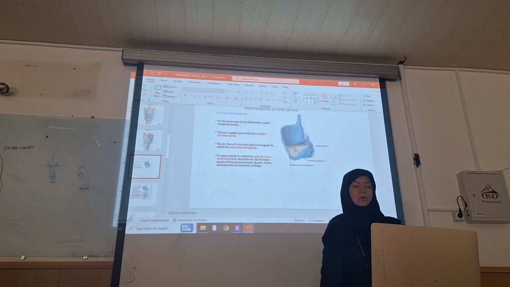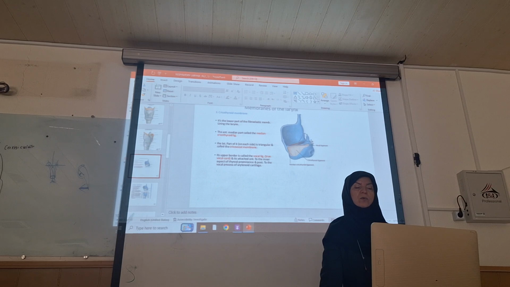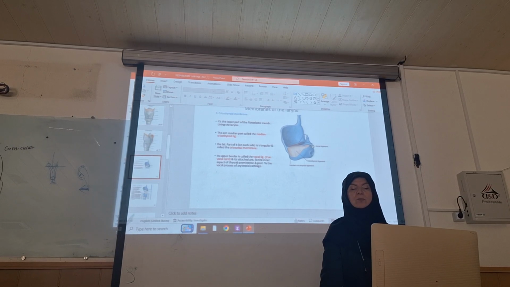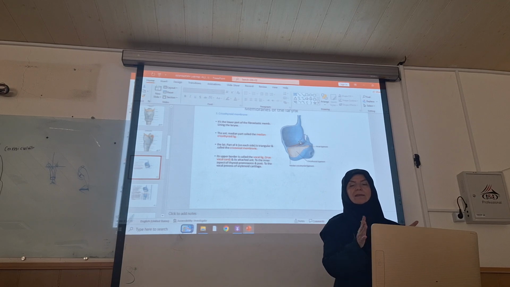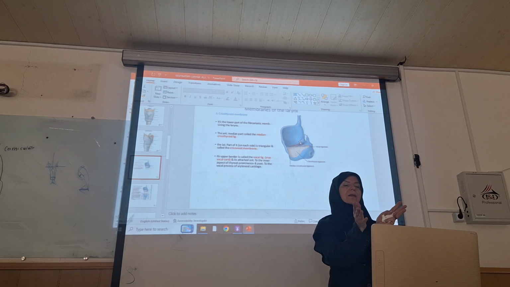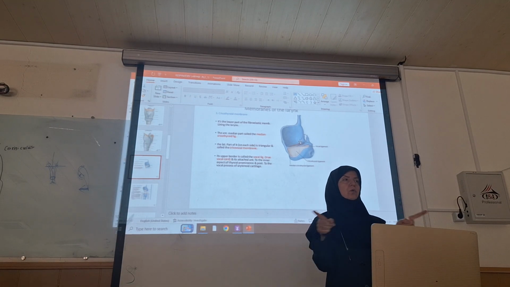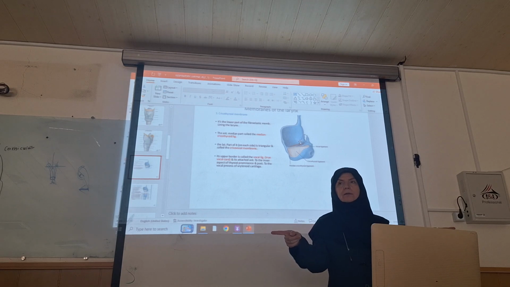Now, you imagine that the vocal ligament, the true vocal cord, is going to attach to the vocal process, and we know the posterior cricoarytenoid muscle is going to attach to the muscular process. When this arytenoid cartilage rotates laterally, what happens? The vocal ligaments abduct, go far from each other.